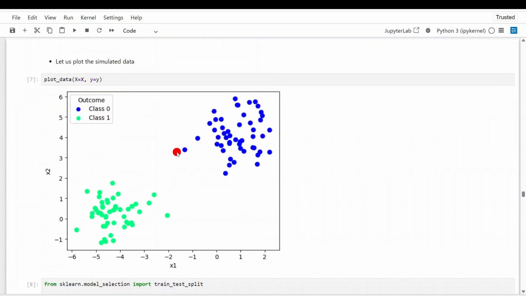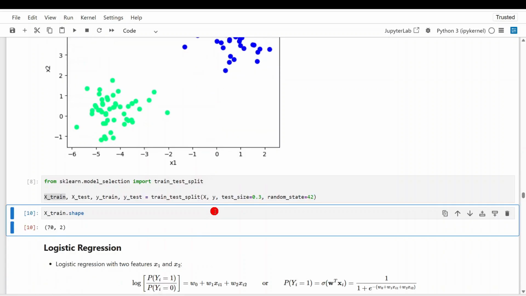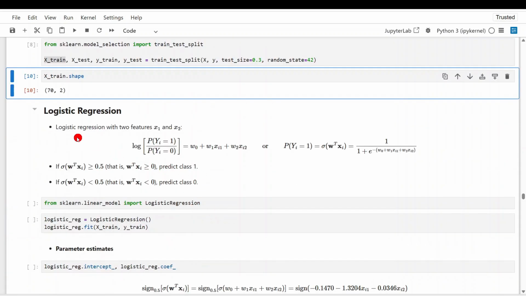Now, since this data is linearly separable, we can simply use a logistic regression model, fitting the outcome y on the two features x1 and x2. The logistic regression model for two features could be written as the log of the odds, probability of success divided by probability of failure, is w0 plus w1 x1 plus w2 x2.